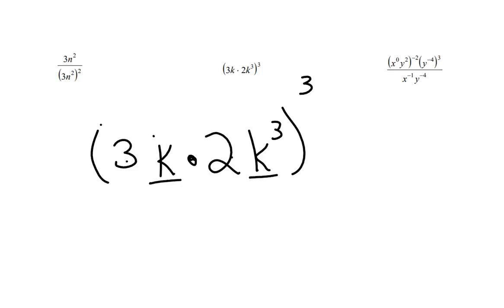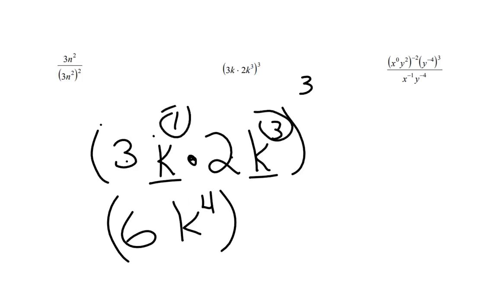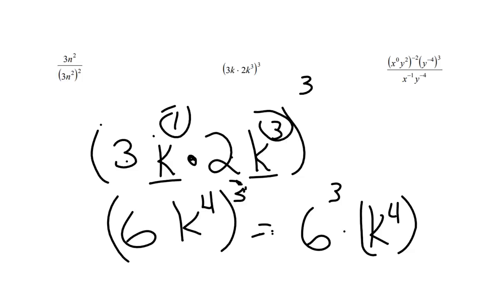So 3 times 2 gives me 6. k to the 1st power times k to the 3rd power gives me k to the 4th power. All I do is add up my exponents, so 1 plus 3 gives me 4. Got this whole thing being raised to the 3rd power, so now I can distribute that 3. So I have 6 to the 3rd times k to the 4th to the 3rd power.